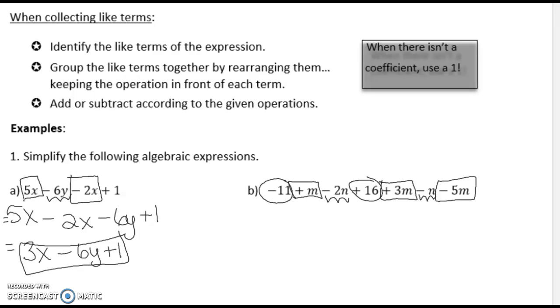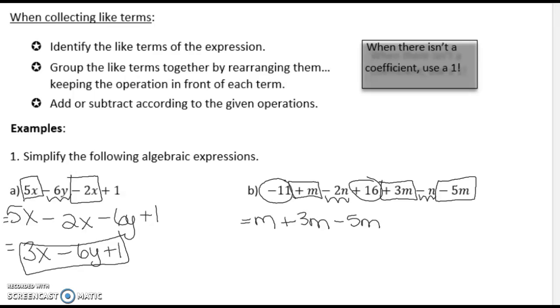So what we're going to do now is collect our like terms. We'll start with our m's. I'll do positive m. And then we have positive 3m, and then we have negative 5m. Now let's go to our n's.